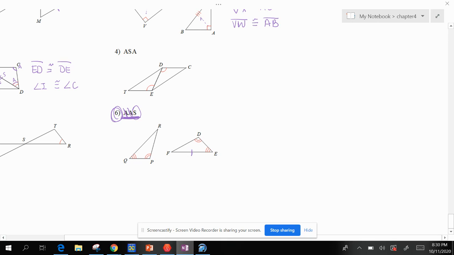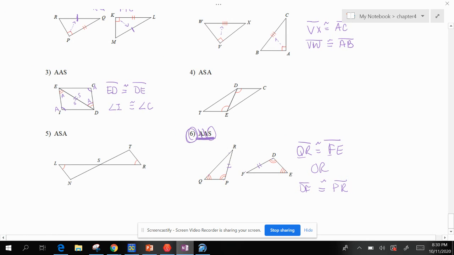You either have to say that QR is congruent to FE. Again, Q and F are the same angle. That's why I'm beginning with them. Or you could have said DF is congruent to PR. Either one of those answers is acceptable, and if you switch these, that's acceptable along with the first one.